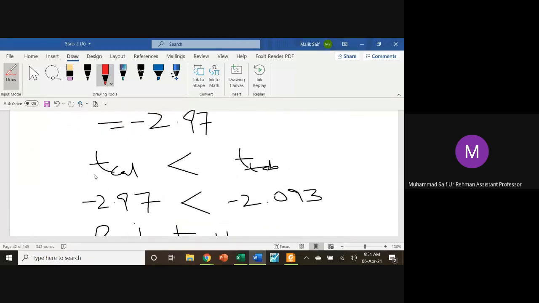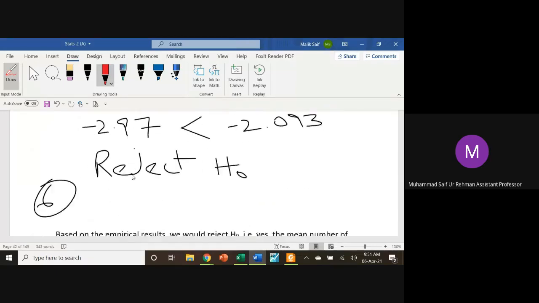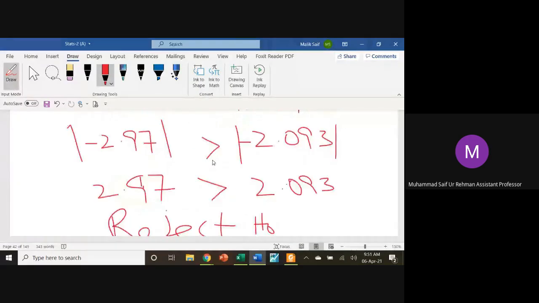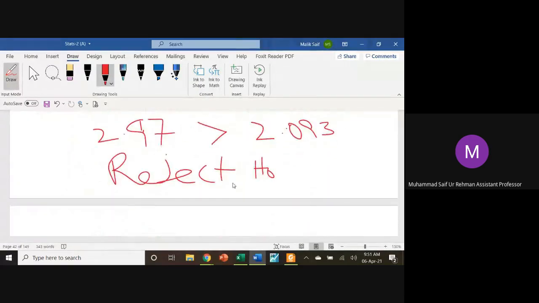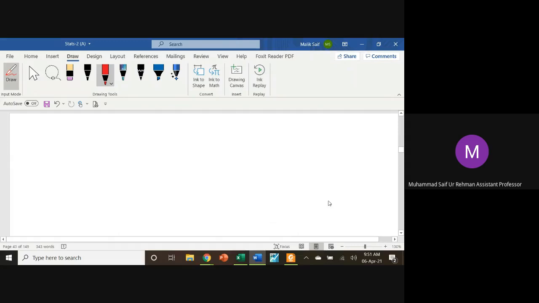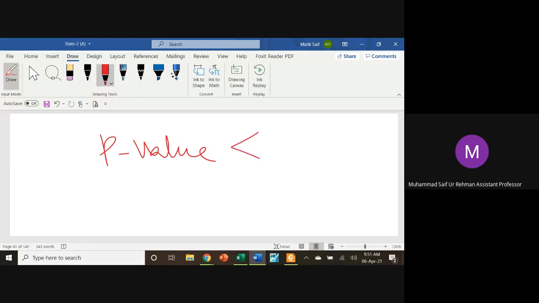So we have rejected the null hypothesis using the strategy with no absolute values, and when you take it in absolute terms and follow this rule, again you are going to reject H naught. Now finally, the last thing that I want to explain is the probability value. The p value rule is the same as we have seen in the case of the z statistic. If the p value is less than alpha, the level of significance, we reject H naught.